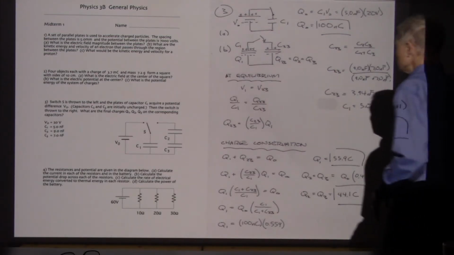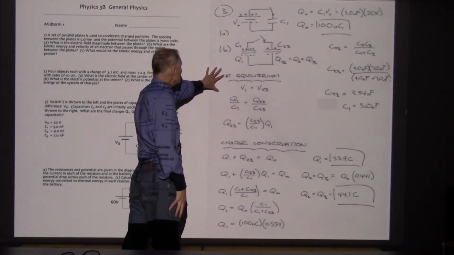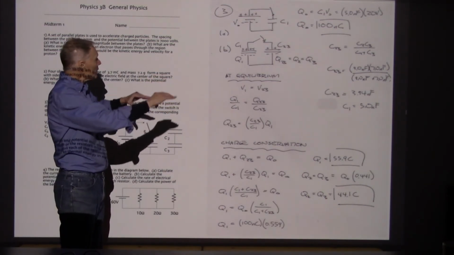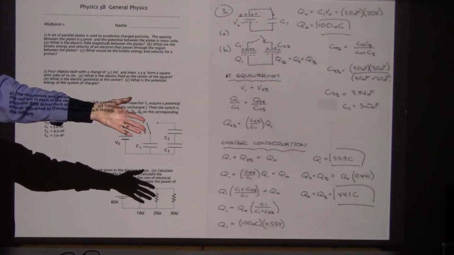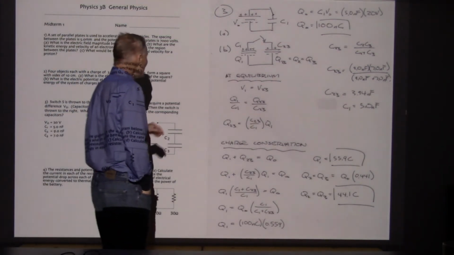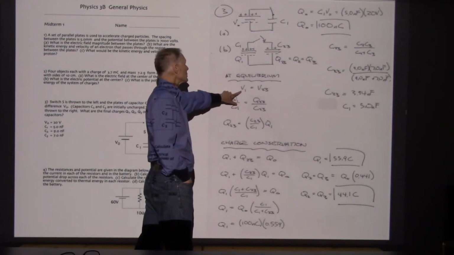So let's see what happens at equilibrium. What are the conditions at equilibrium that determine how the charges will divide themselves up? How much is going to go over to capacitors 2 and 3? How much is going to stay with capacitor 1? The equilibrium condition is that the two voltages match.